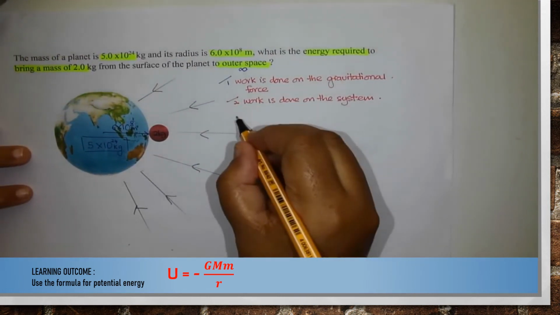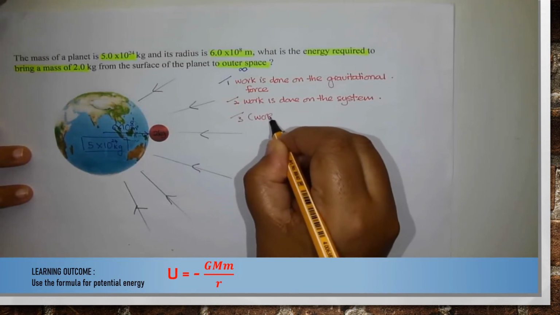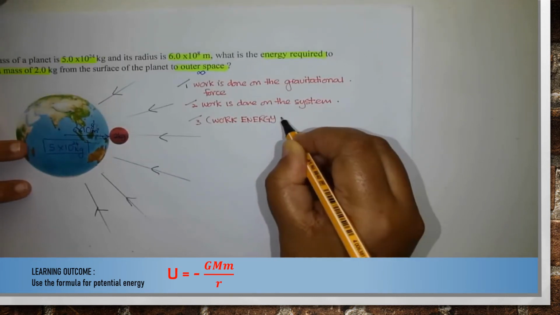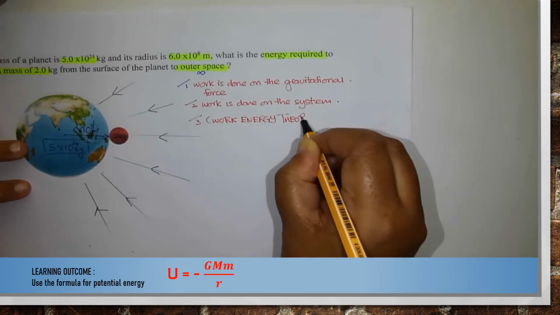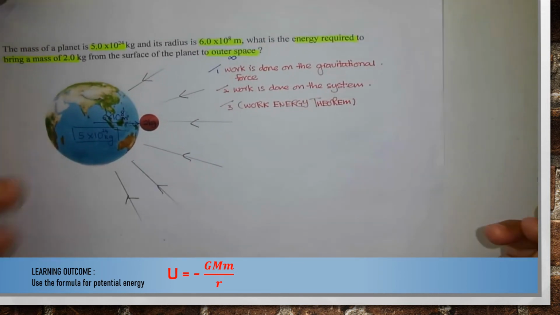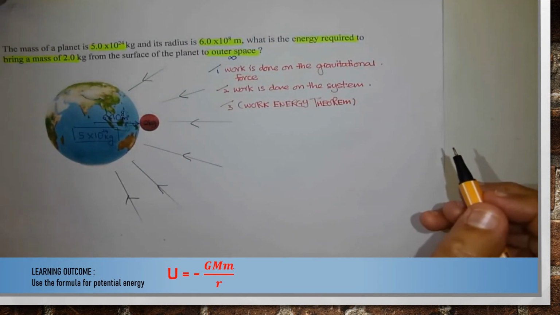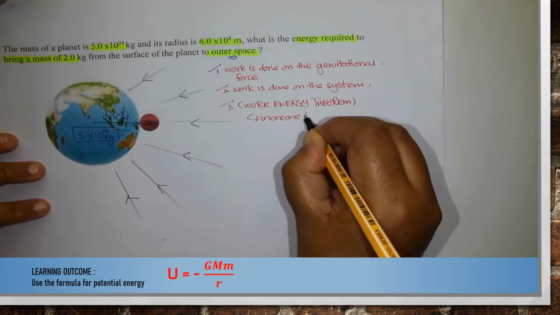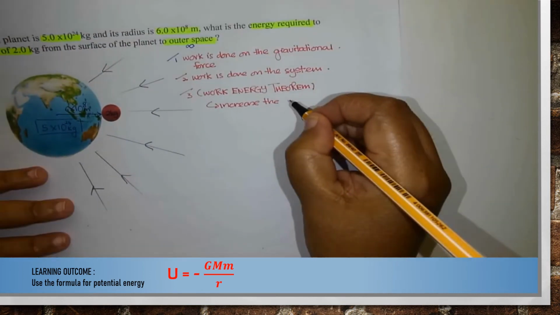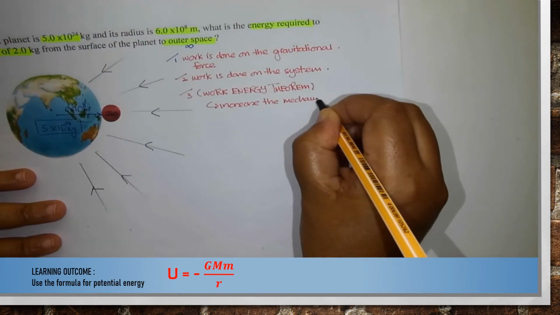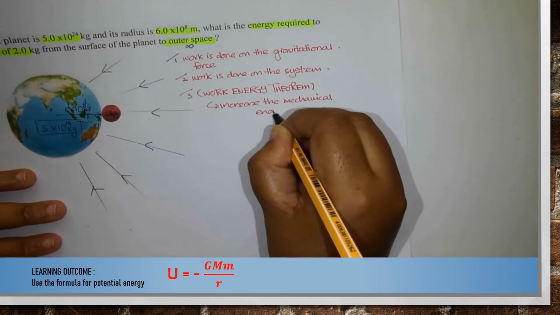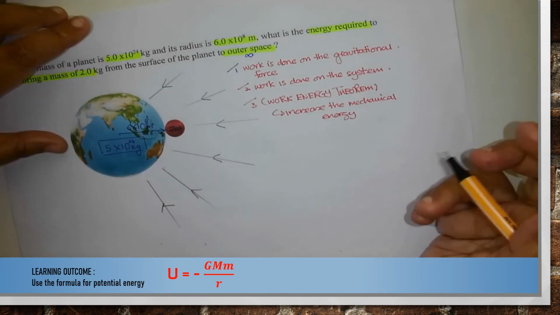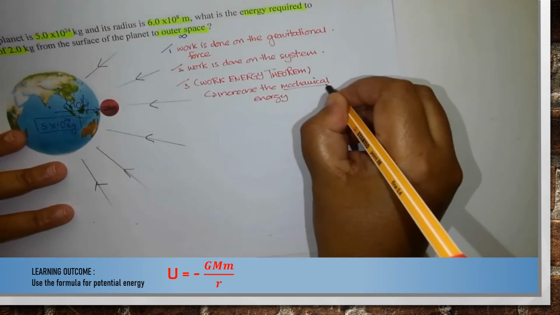Now, according to the work energy theorem, work done on the system increases the mechanical energy. Here the mechanical energy is from one position to another position, so it's specified to potential energy.